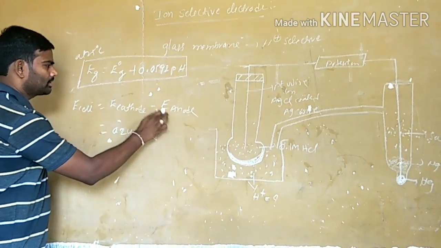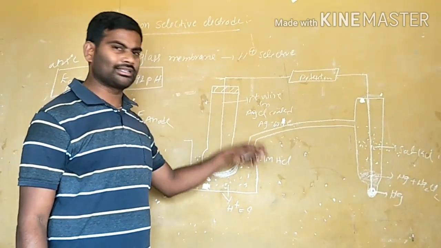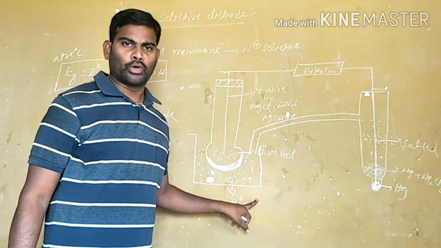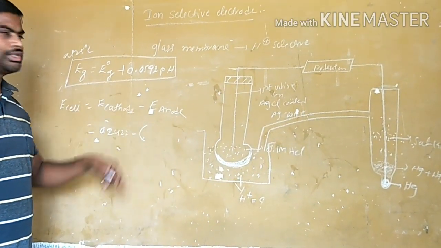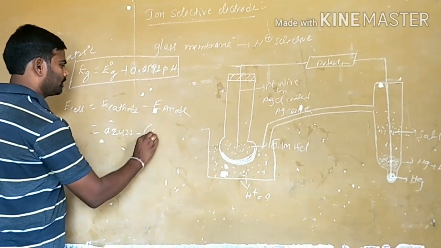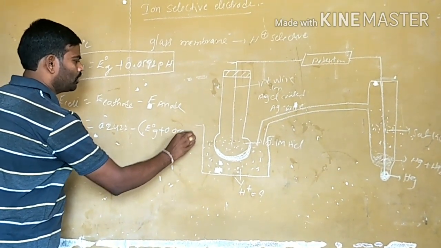The anode here is the glass electrode, whose potential value is given by the expression E naught G plus 0.0592 pH.